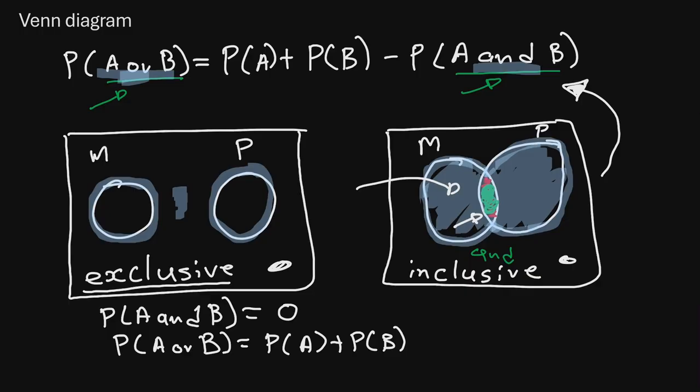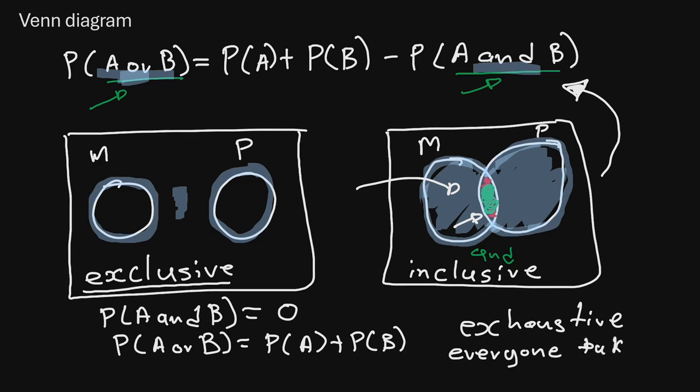So if we don't have any outsider, therefore the events will be exhaustive. So exhaustive events, that means what? Everyone is participating. Everyone takes place in either maths or physical science. That is when we have exhaustive events.